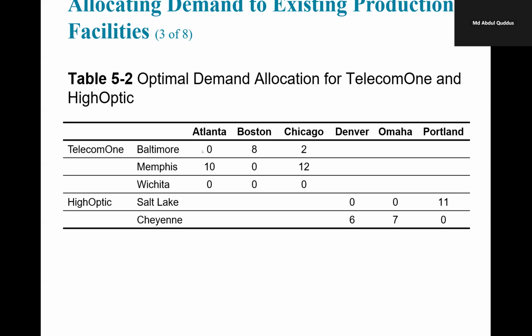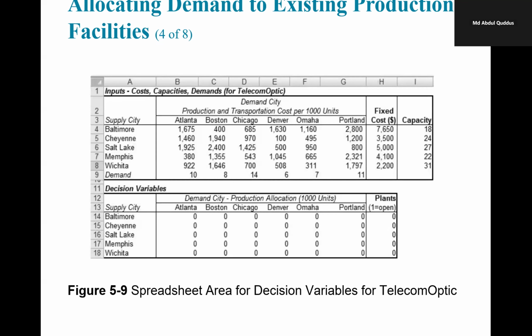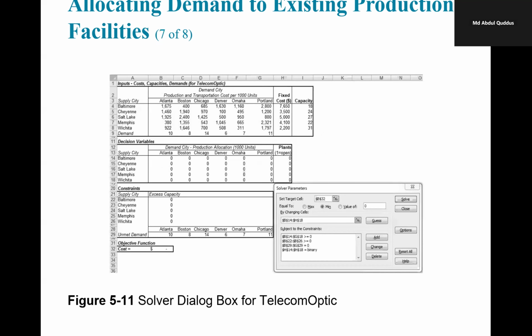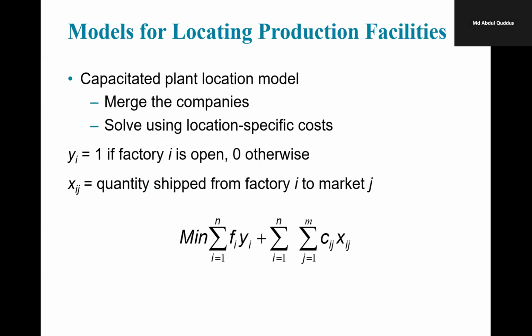You are shipping from Memphis to Atlanta, Memphis to Chicago, and Baltimore to Boston and Chicago, fulfilling the demand. Moving on to the next one. These are actually the existing production facilities, again what we saw in the Excel. Let's continue.